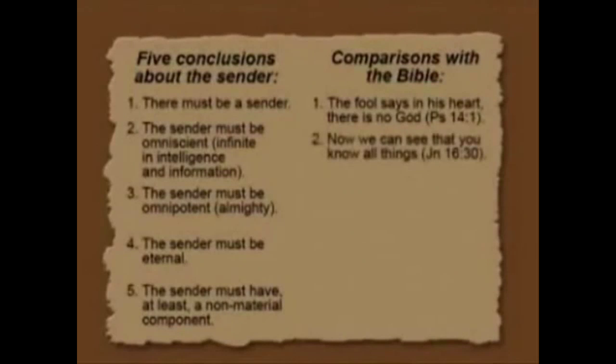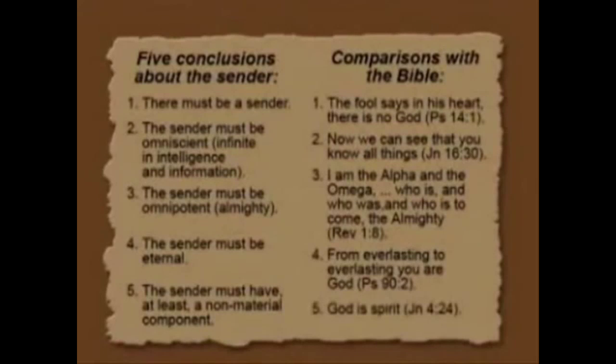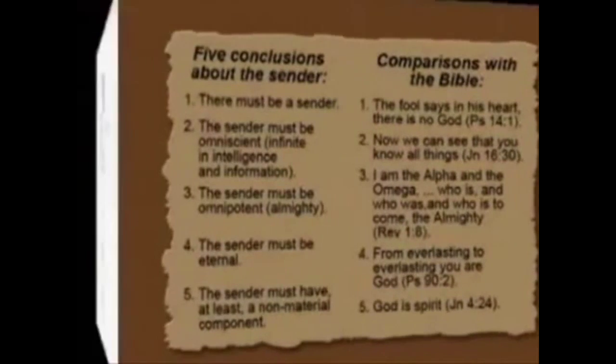Now we can see that you know all things. That is for number 2. And number 3, I am the Alpha and the Omega, who is and who was and who is to come, the Almighty. Number 4, from everlasting to everlasting you are God. And number 5, we find it in John chapter 4, verse 24, God is Spirit.